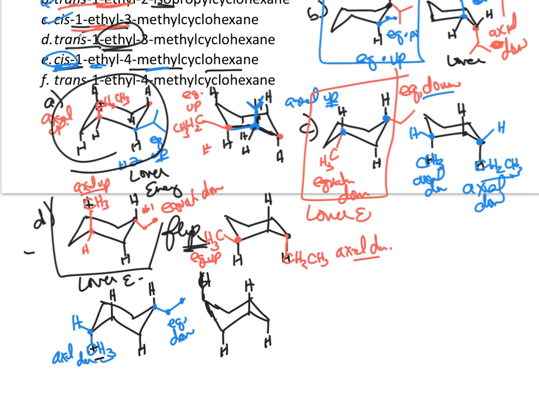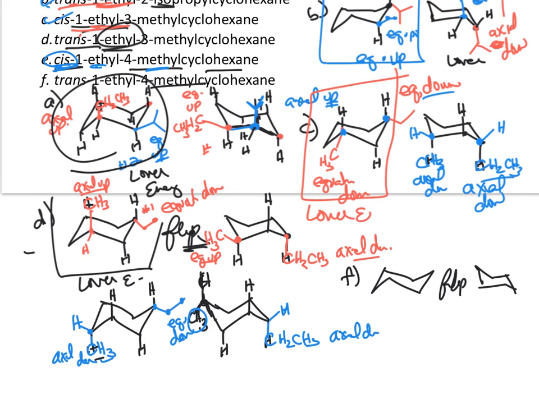So this would be equatorial down. And this carbon here would be axial down. And then the last one here, go ahead and draw your flip.